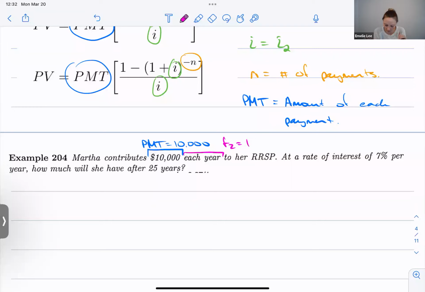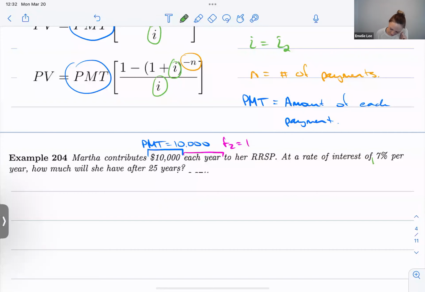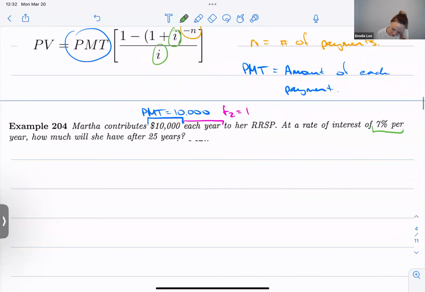Okay. So the payment frequency is F2, okay, which is going to turn into the active frequency, right? Because we get rid of the compounding frequency, but I want you to start using the F2 for the payment frequency. At a rate of interest of 7% per year, so R is 0.07, and the per year is compoundings per year, so F1 is 1.